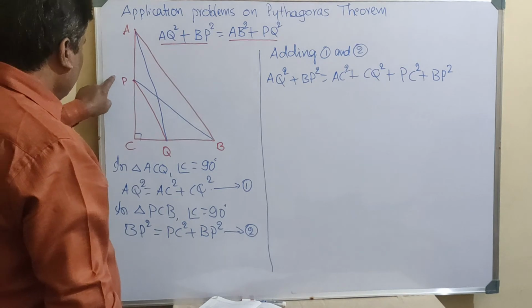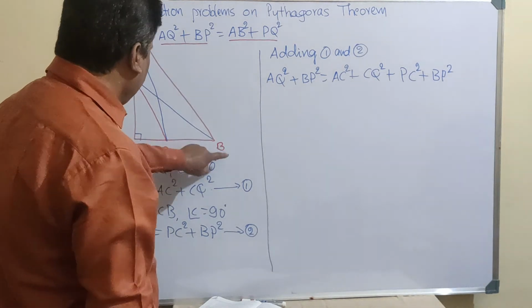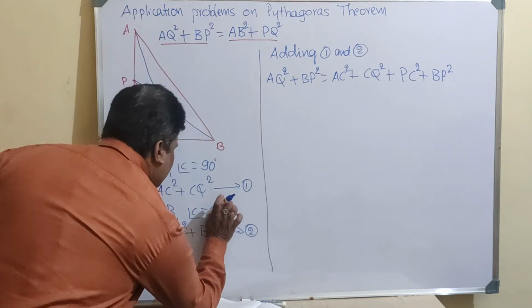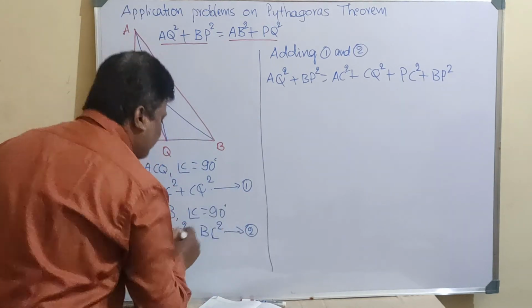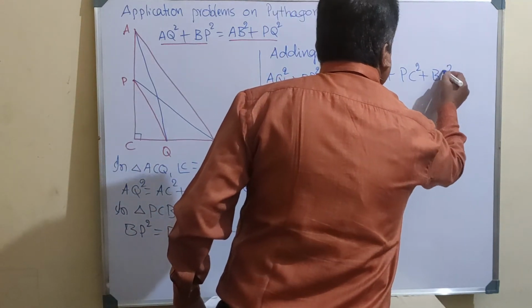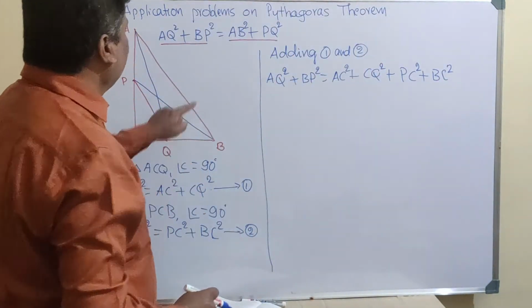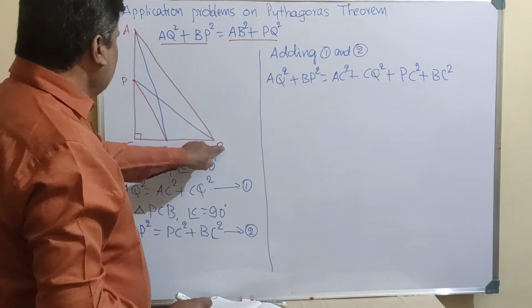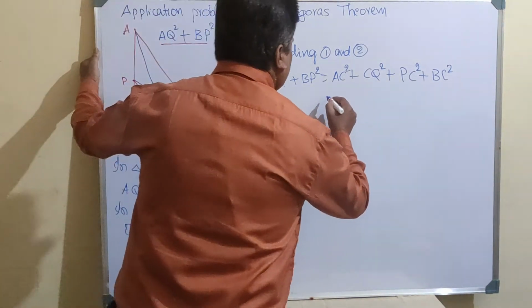So to get AB square, we want AC square plus BC square. Let's rearrange the things.